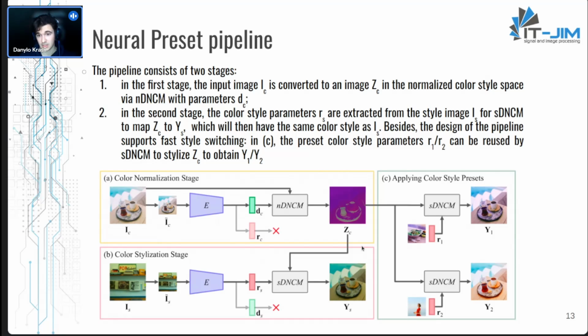And besides, the design of the pipeline supports fast style switching. In stage two, the preset color style parameters R1 and R2 can be reused by S-DNCM to stylize Z_C to obtain Y1 and Y2.